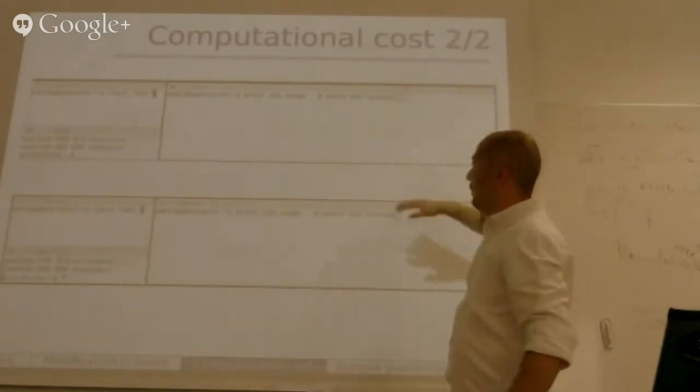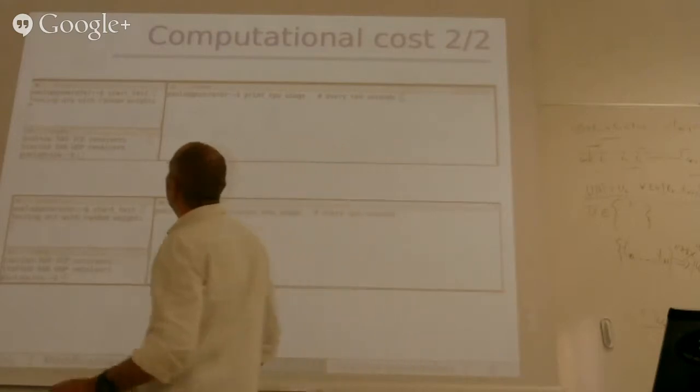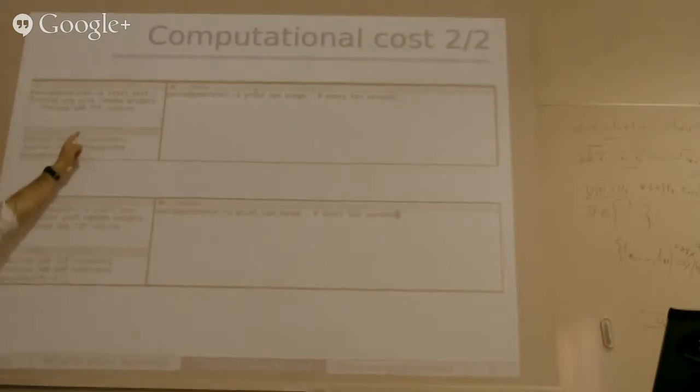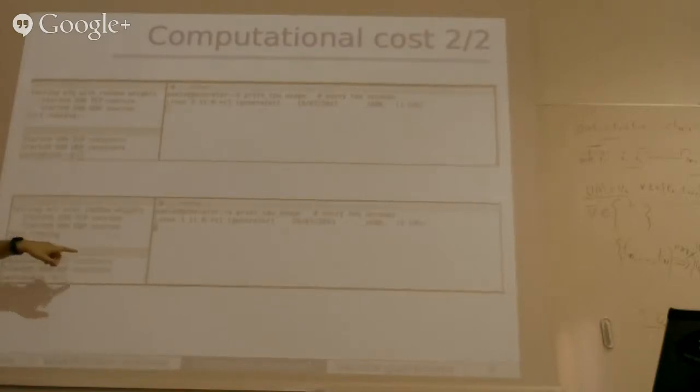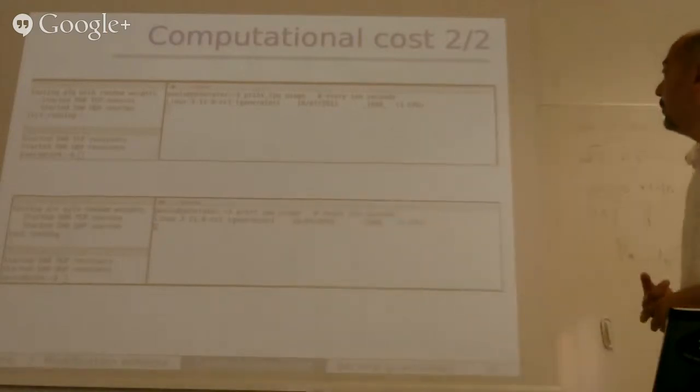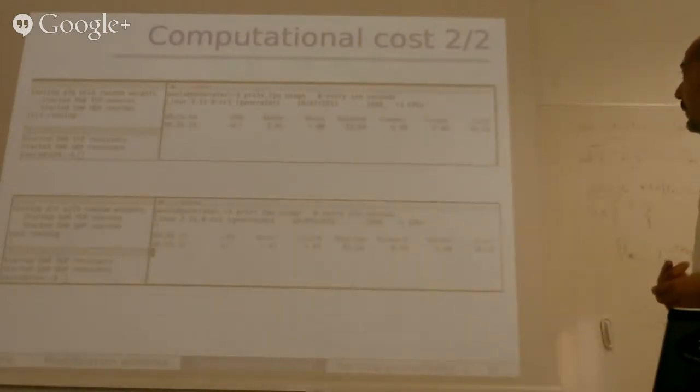This is exactly the same test. On the top part, there is QFQ, which means QFQ Plus. This is why I told you at the beginning that the name is the same. And here, deficit round robin. We are going to see the CPU usage.